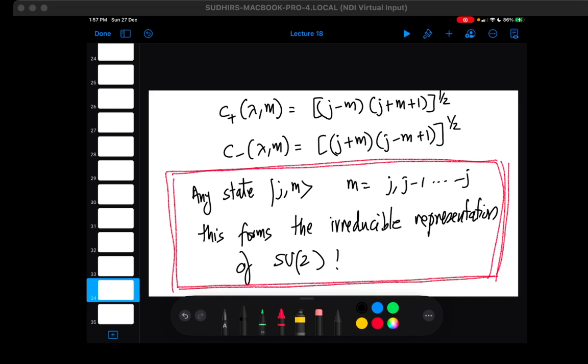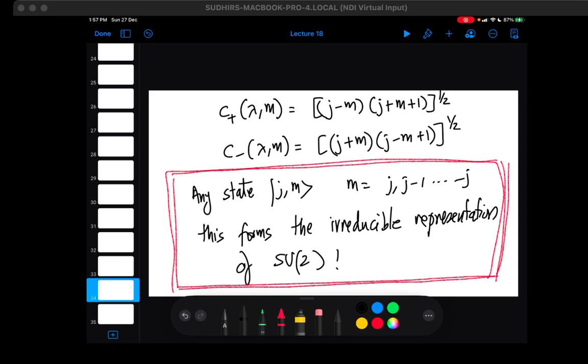Using the Lie algebra of the group and our experience with angular momentum, we are constructing, for any SU2, all possible representations for a given value of j, and j can take integer or half integer values: half, 1, 3 by 2, 2, and so on.